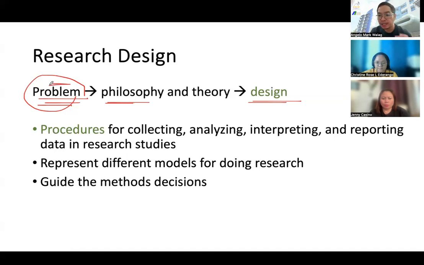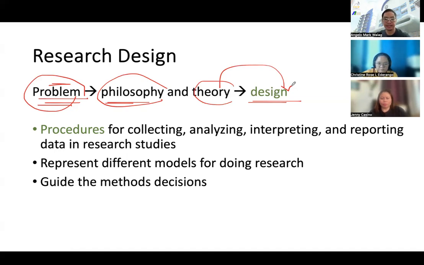You present your problem in the context of the literature, and then you tell us from what theory you are looking at that problem. And from then, you will be led to the design of your research.